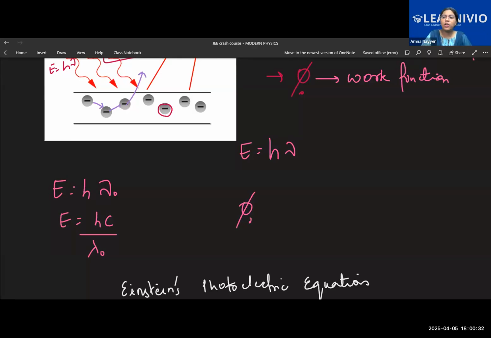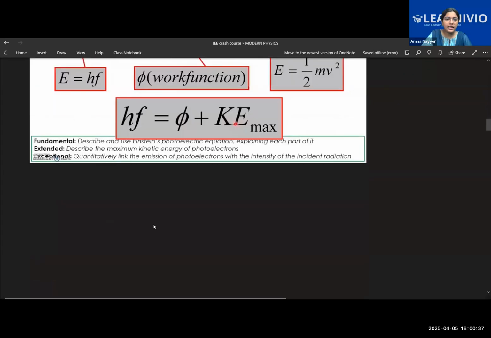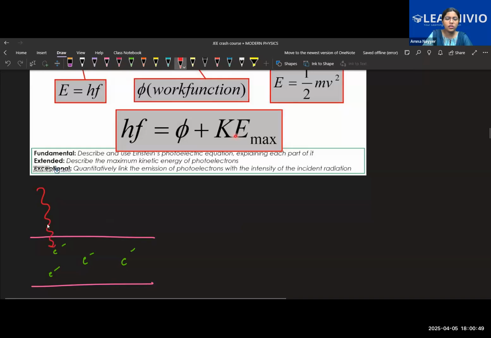But Einstein modified this. Einstein added one more component. He said that in this metal surface, these electrons are present. But what happens when the incident ray falls on this? The incident ray, with its normal wavelength, normal frequency, normal energy, is falling on it.